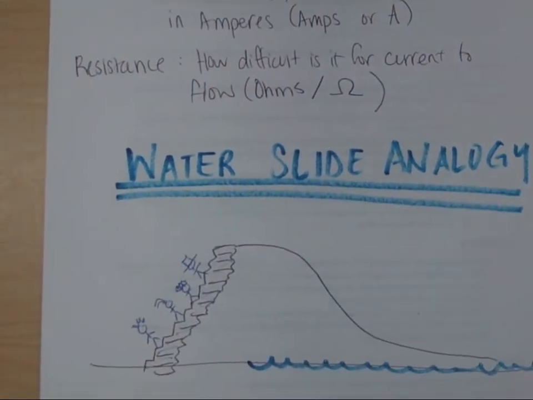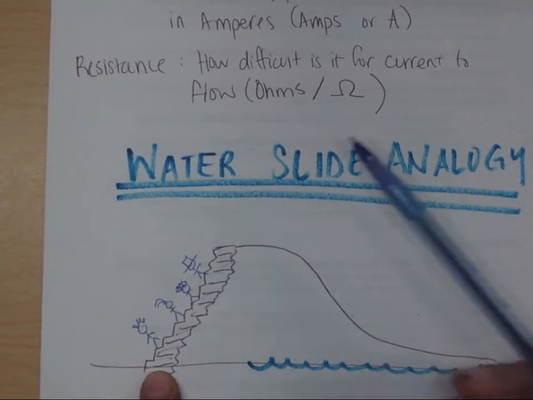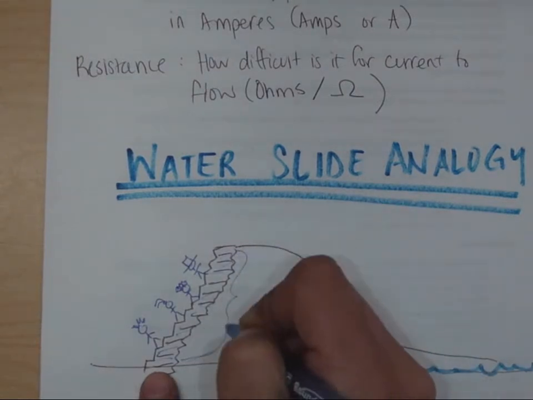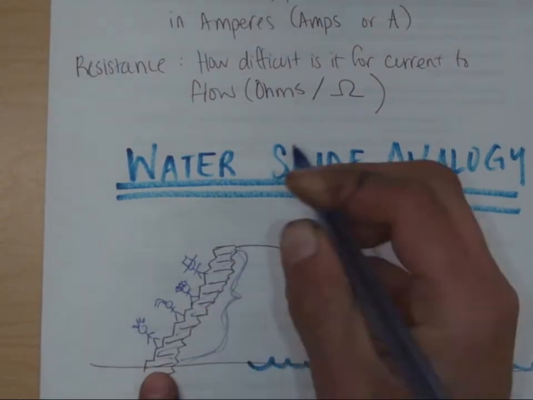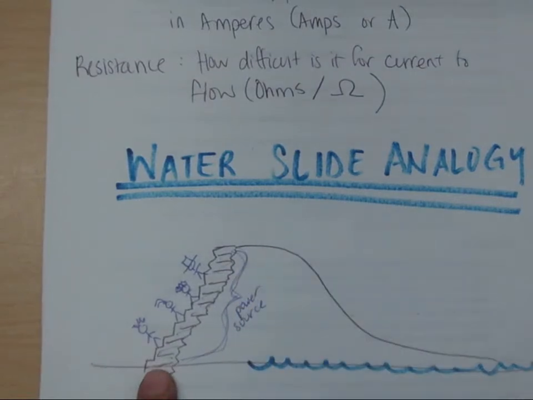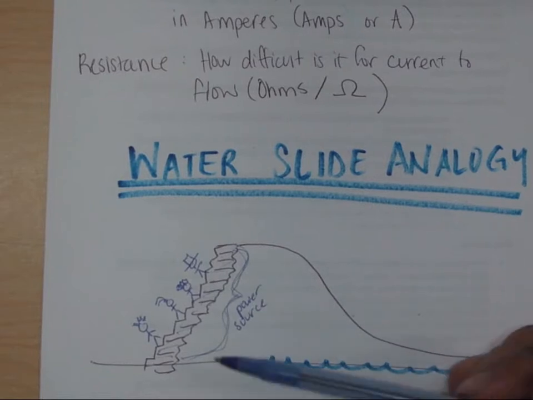So what you can actually notice here is there is a difference in potential energy between the bottom of this ladder and the top of the ladder. So what I'm trying to explain here is that this ladder would kind of be your power source. So this is your power source that would show you your voltage, your difference in electric potential energy that is created in this circuit.